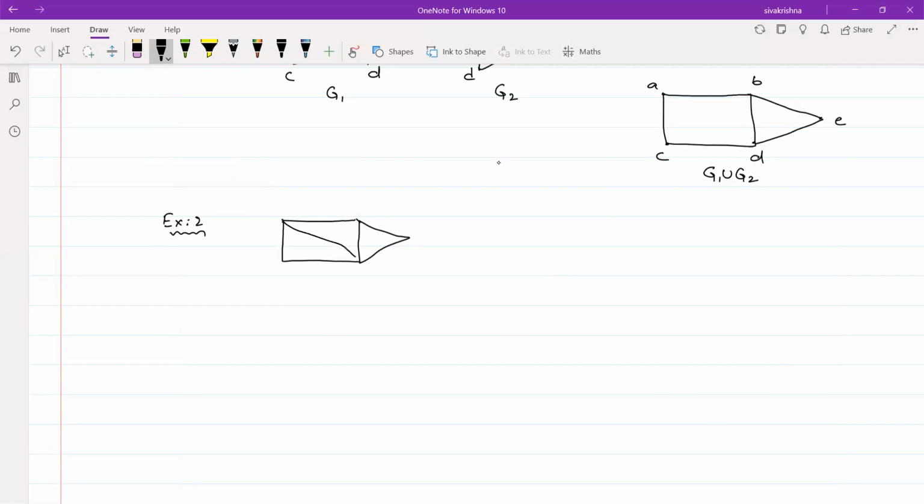This is graph G1. Okay, so I am representing the vertices V1, V2, V3, V4 and V5. Okay, so this is graph G1, right? So now I'm going to draw the second graph, that is G2.